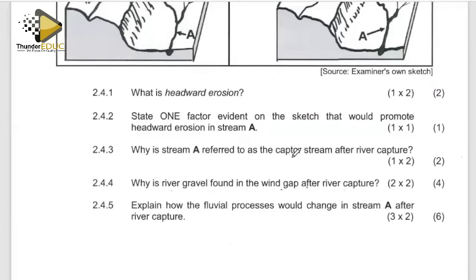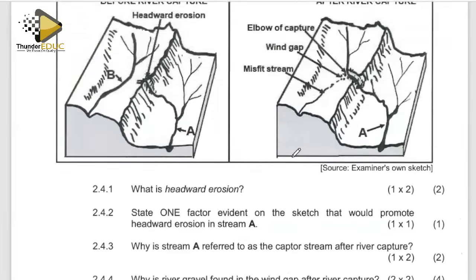This stream A is flowing over a low-lying area, and there's a steep gradient towards the watershed.